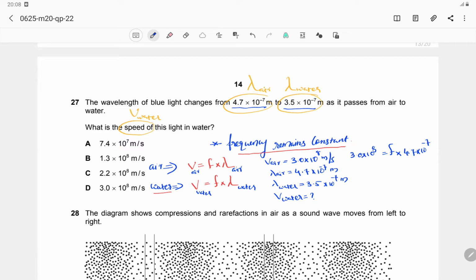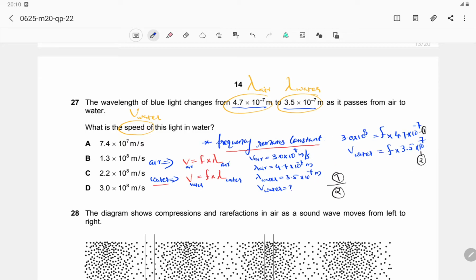Likewise, the second equation, the velocity of light in water, which we don't know and need to calculate, so let's keep it like that, equals frequency times the wavelength of light in water, 3.5 × 10^-7. Now we have two equations. Let the first be equation 1 and the second equation 2. Now you just divide equation 1 by equation 2.